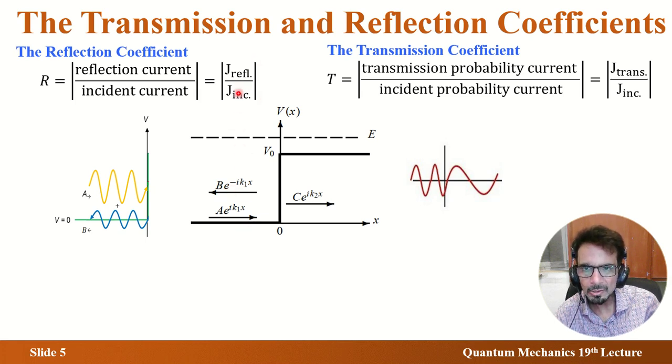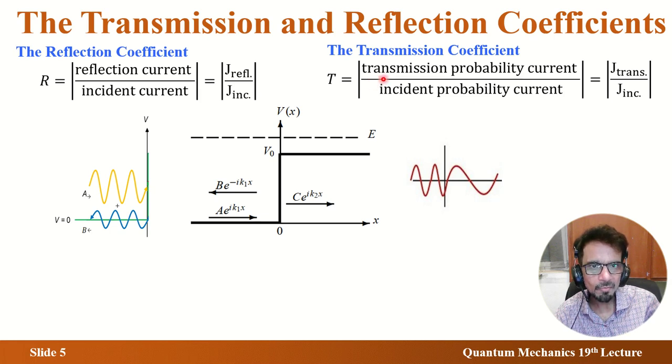You don't need to know the detailed expression, but you just take the result of probability current, which I showed you in this lecture as well. You can calculate the incident probability current density, to be precise, and similarly for the reflected wave, which is B, and you take the ratio and take the modulus. That is called the reflection coefficient, and it is a practically measurable quantity as well.